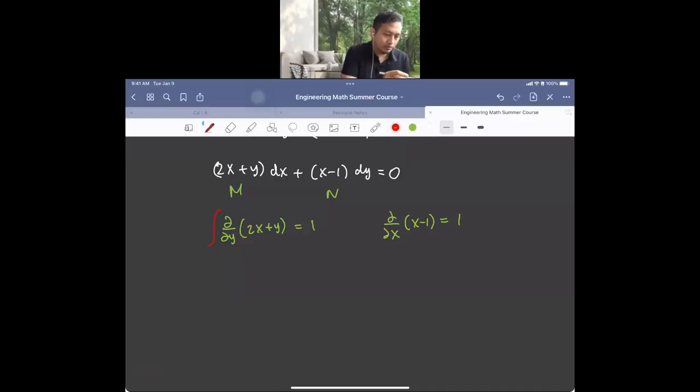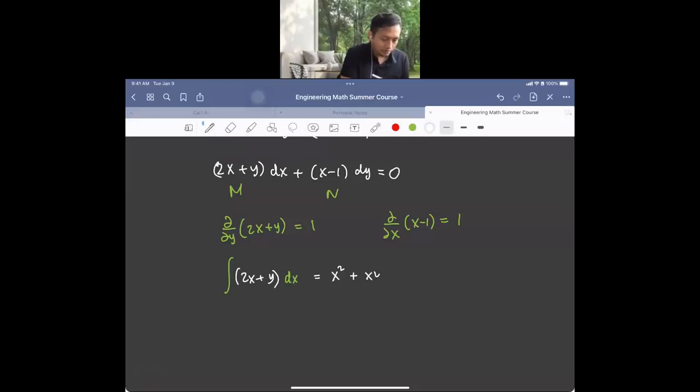So integrating M, or maybe let me write it clearly, 2x plus y, integrating with respect to x, we will have x squared, right? And then plus a function of y, right?